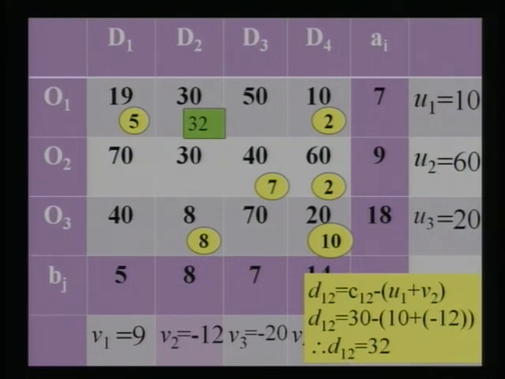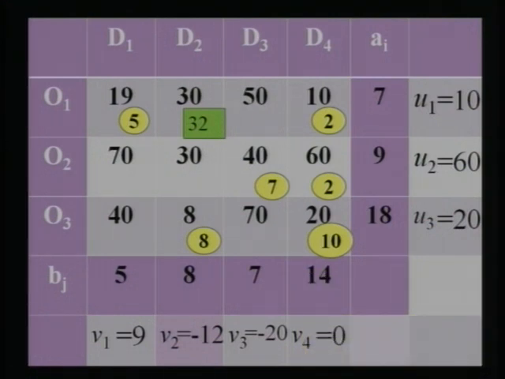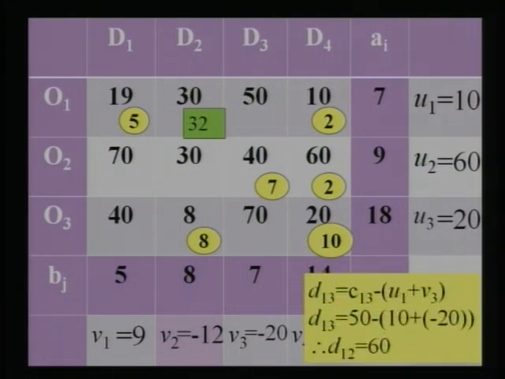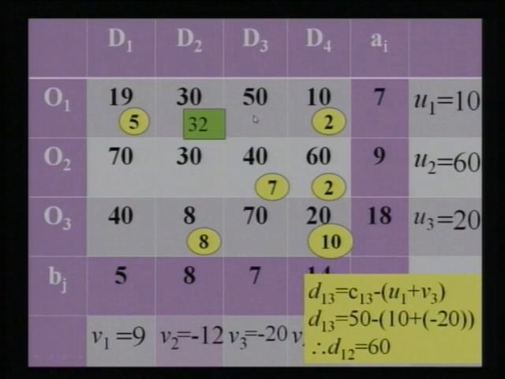Now I calculate the next opportunity cost, means in the cell this 50 cell, that is 1, 3. The step would be this: D13 is equal to, because it is cell number 1 comma 3, first row third column, D13 is equal to C13 minus into bracket U1 plus V3. What is C13? 50. What is U1? 10.